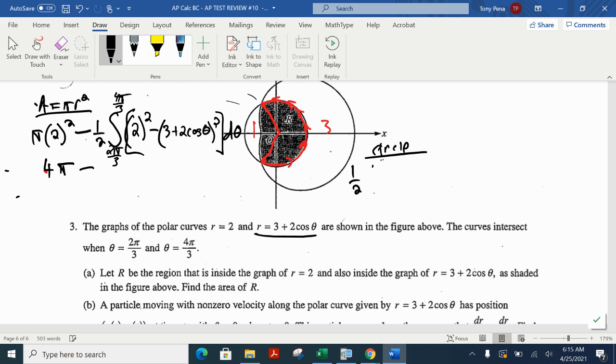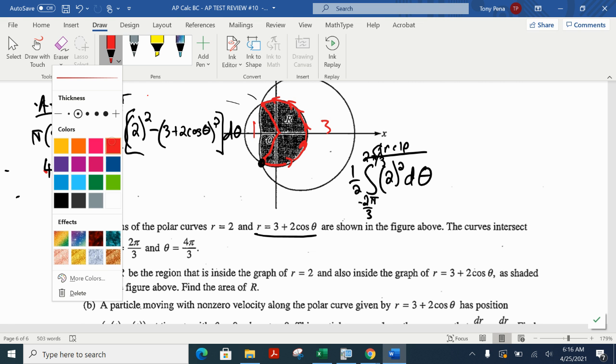So do your 1/2, the circle is just 2 squared, and then our d theta. Now you do have to be careful with your angles. If we want to start here, moving in the proper direction, we would want to call this a negative 2 pi over 3, which is the negative angle down there, to the positive 2 pi over 3.